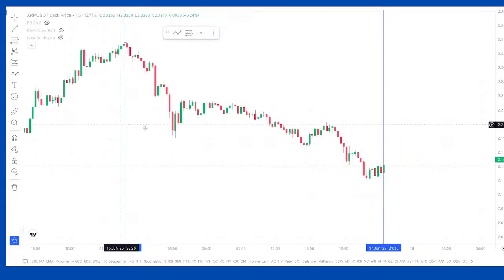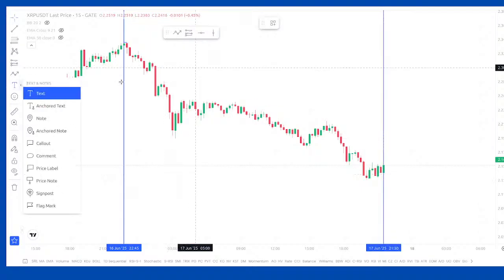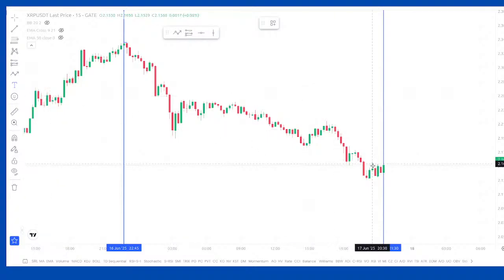From this point to this point, assuming at this point here, let me call it point 2, I name this line 2, so that you get it clear.